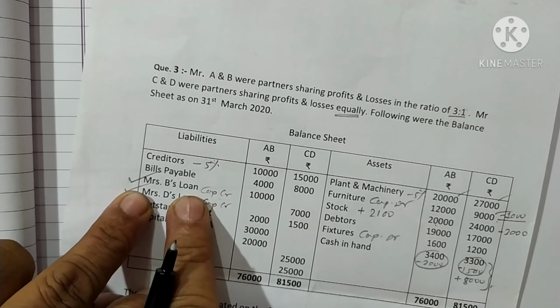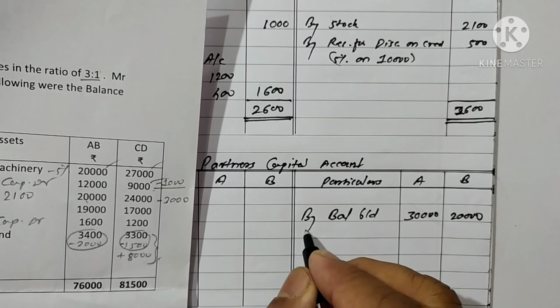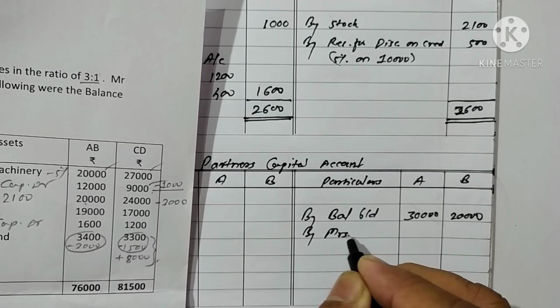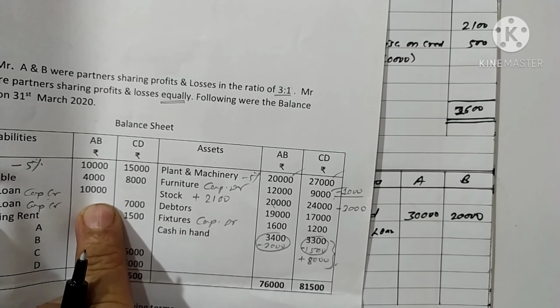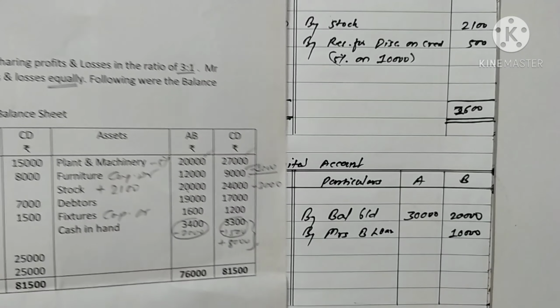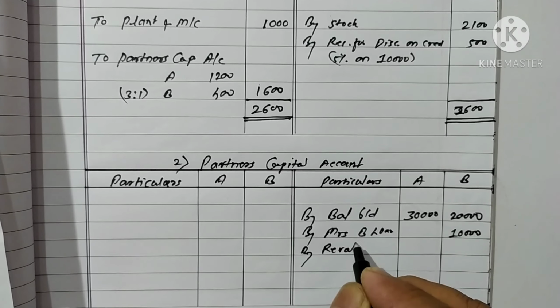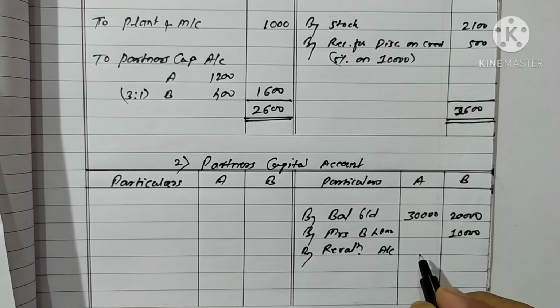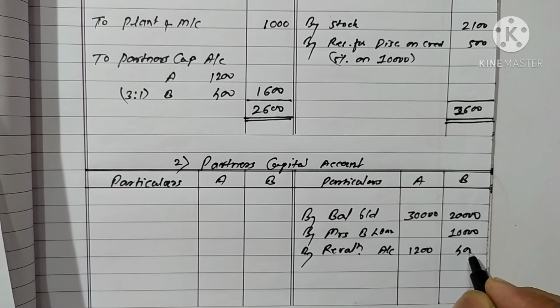Next is B's loan transferred to partners' account credit side, by Mrs. B's loan, in B's column, rupees 10,000. Profit is transferred to credit side by revaluation account, rupees 1,200, and here it is 400.